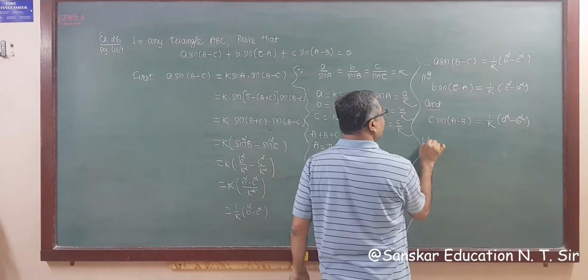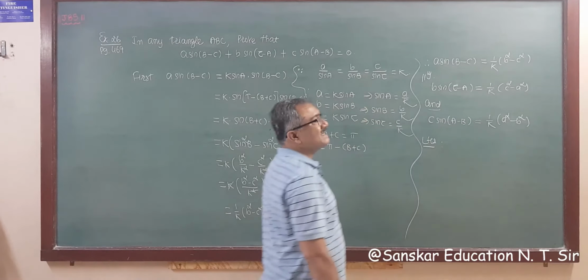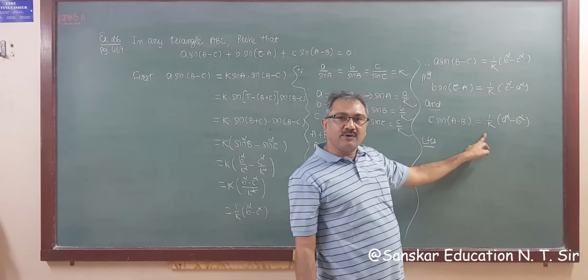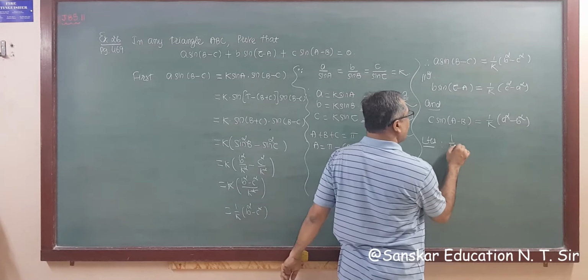So now the left hand side: 1 upon K is common in all terms, so I am writing 1 upon K common here.